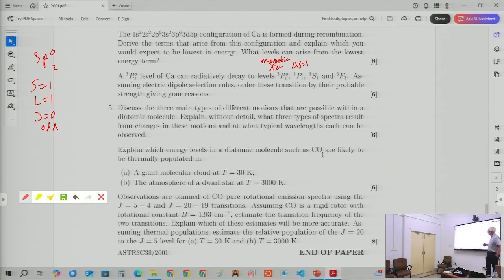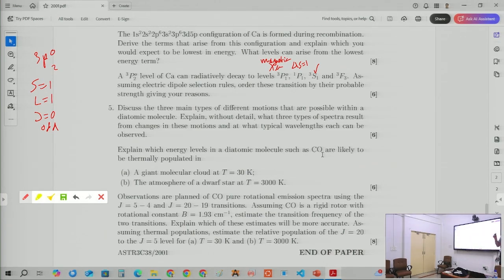It's allowed, absolutely. So it's delta S 0, delta L 1, delta J 1, even odd, so that's all right. Last transition. Triplet F3 from triplet P2 odd. Do you know what L is for F?